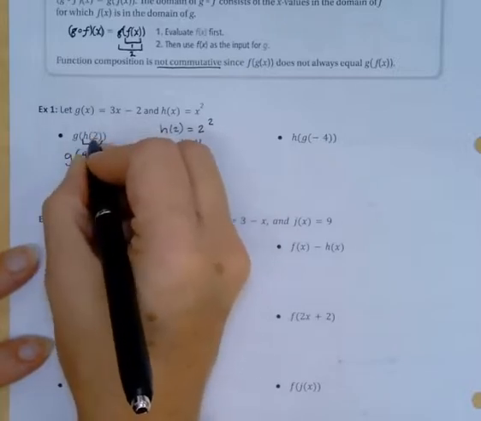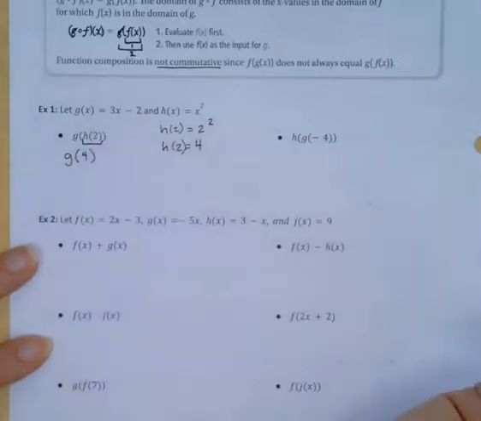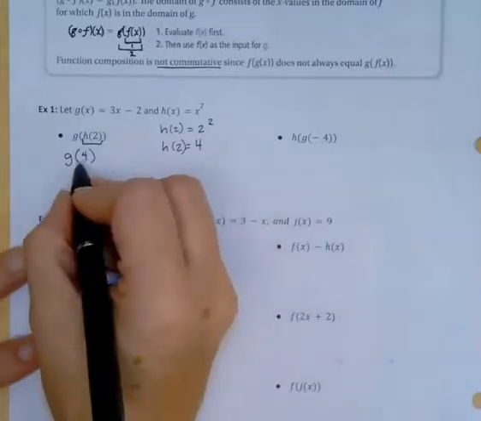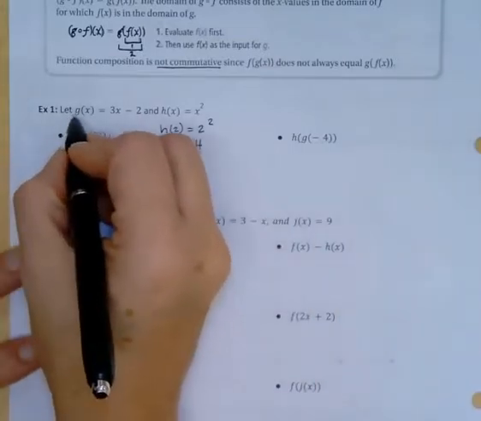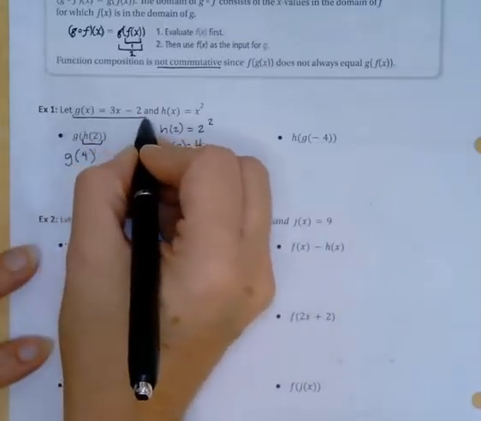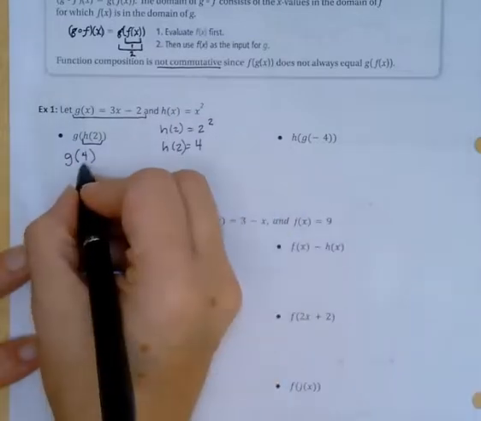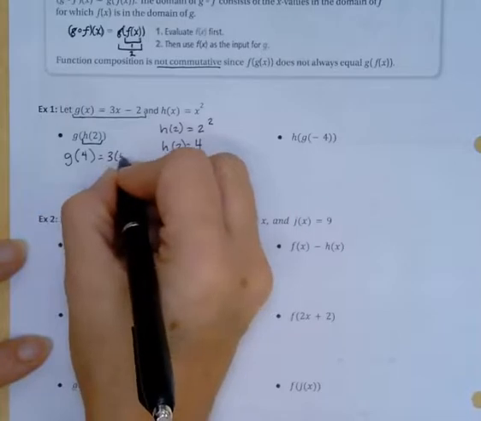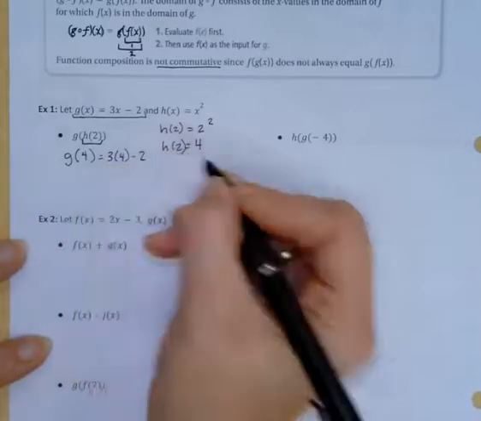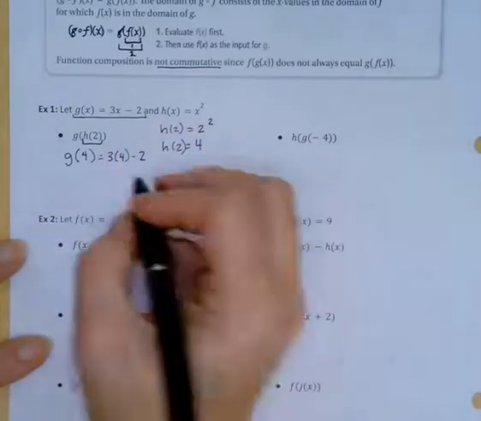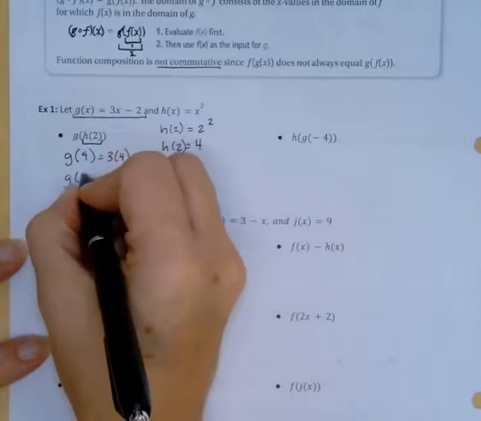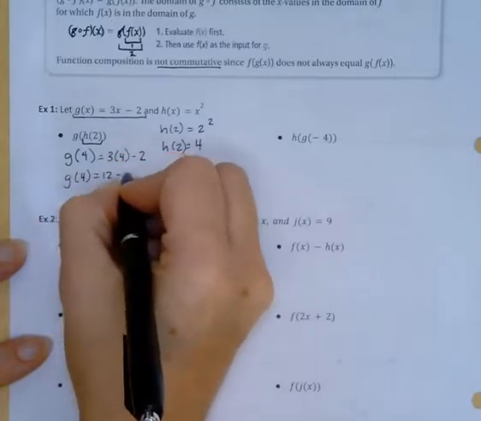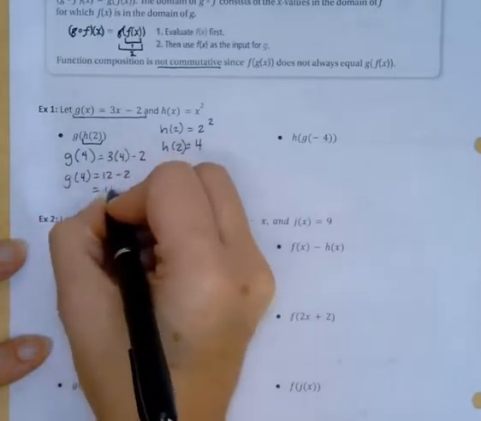I'm now going to plug in, instead of h of 2, I know it equals 4. So I'm now looking for the g of 4, right? I was able to find the output for h of 2. The output was 4. So now I'm going to look at the g function up here, and I'm going to plug in my input value. So the g of 4 equals 3 times 4 minus 2. All right, so I know that the g of 4 equals 12 minus 2, which equals 10.